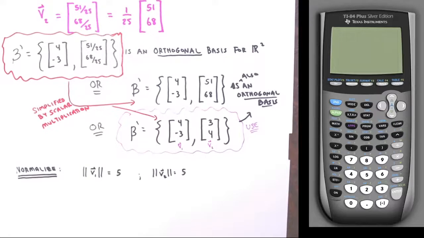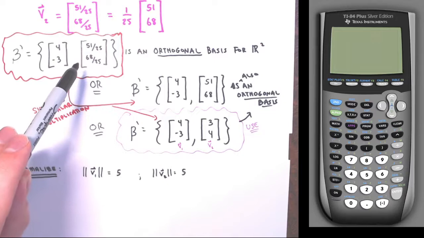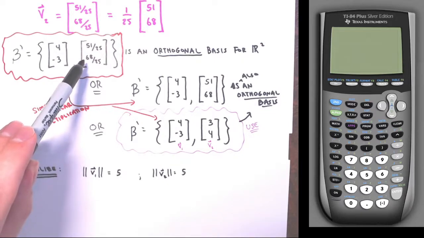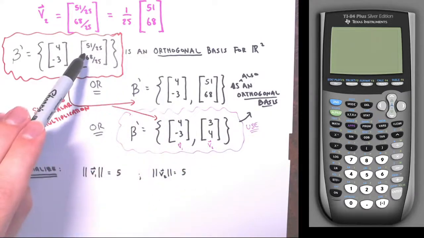Now the only difference between this one and this one with the 25ths is the norm of this vector. This vector 3, 4, if I multiplied it by 17/25ths, I'd get that vector.